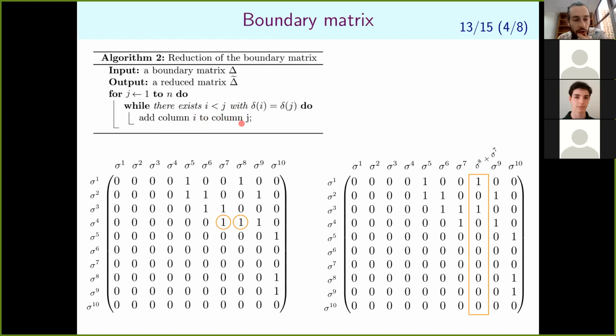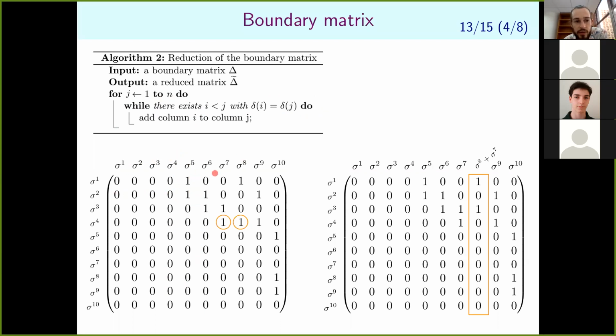For instance, first step of the algorithm in this boundary matrix, you look at all the j's up to 8. Remark that for all these columns, they do not satisfy this condition. Okay? For instance, sigma 5, its delta is 2, and you cannot find a column before that has the same delta.